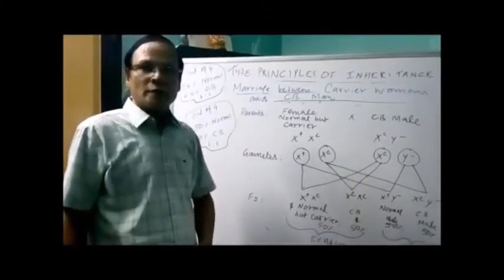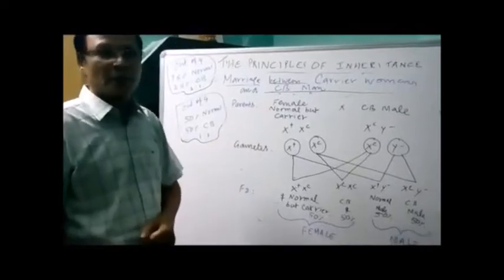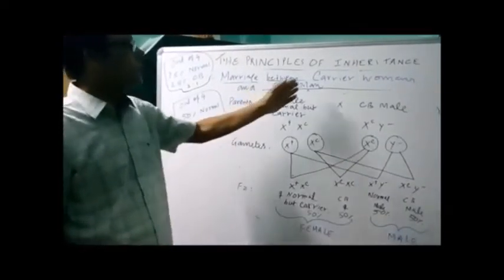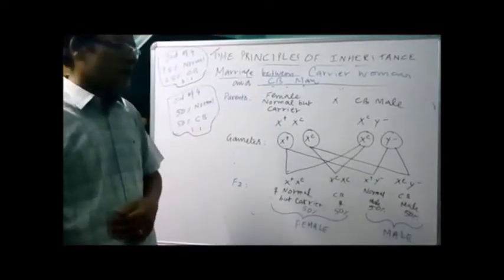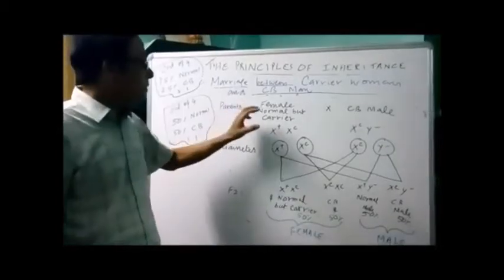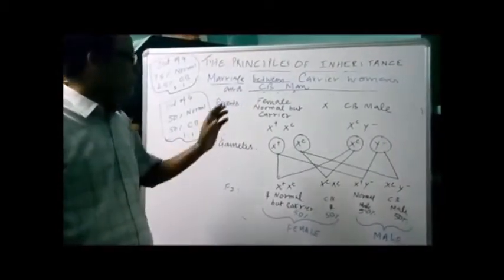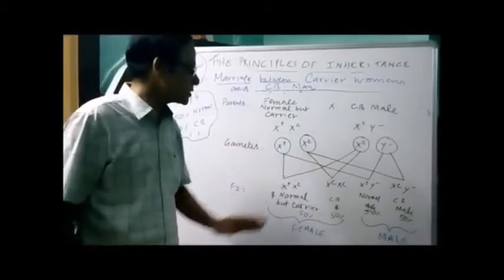I want to give another illustration regarding the inheritance of color blindness. Here, the marriage is between a carrier woman and a colorblind man. As I mentioned in the previous case, once a mother is a carrier, you look at the mother to know the sons.